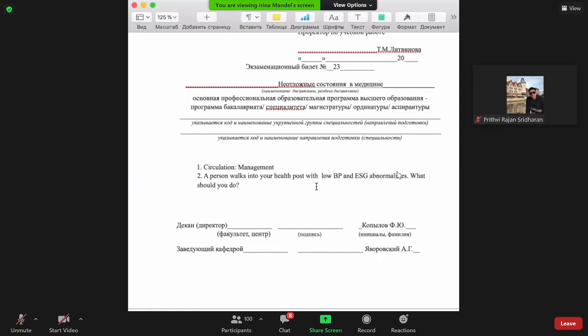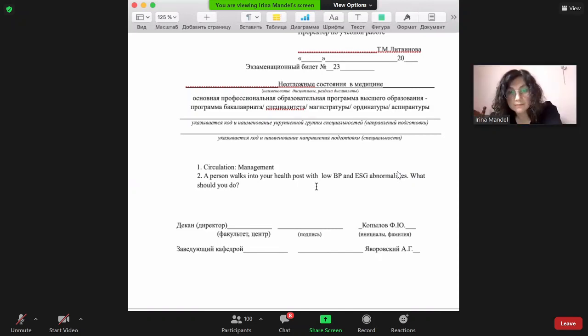And you insert the intravenous cannula. If there are signs of shock, the pale skin, the prolonged capillary refill time symptom, and blood pressure below 80 systolic, you can start the infusion of inotropes.